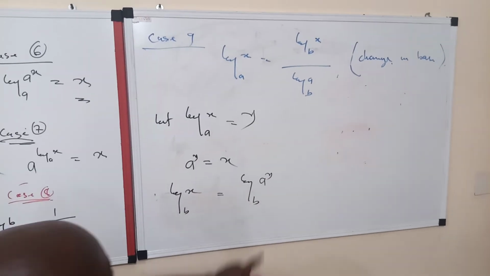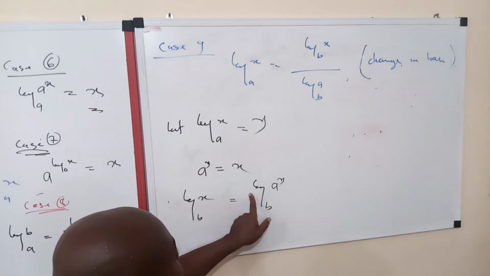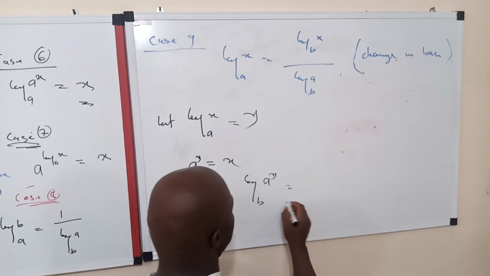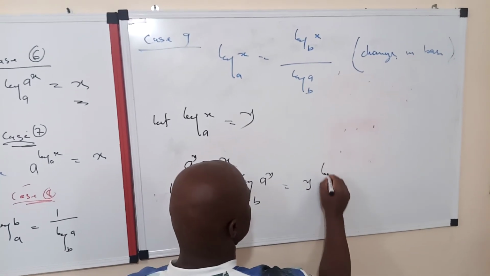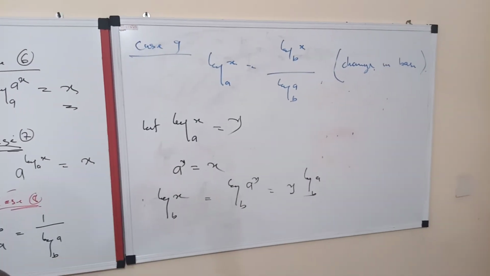But we have learned that when we have an expression like this, we should multiply the power by the log. So this part can further be written as y, the log of a in base b.